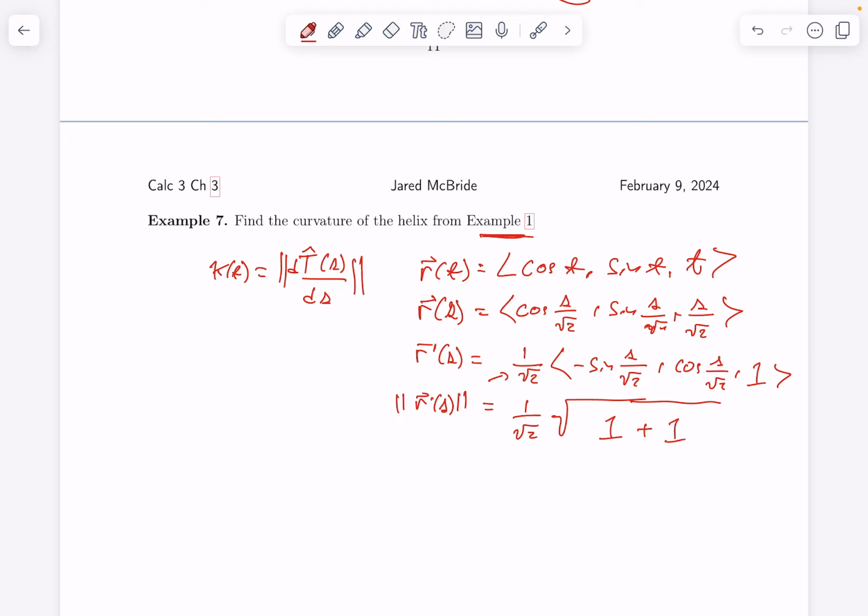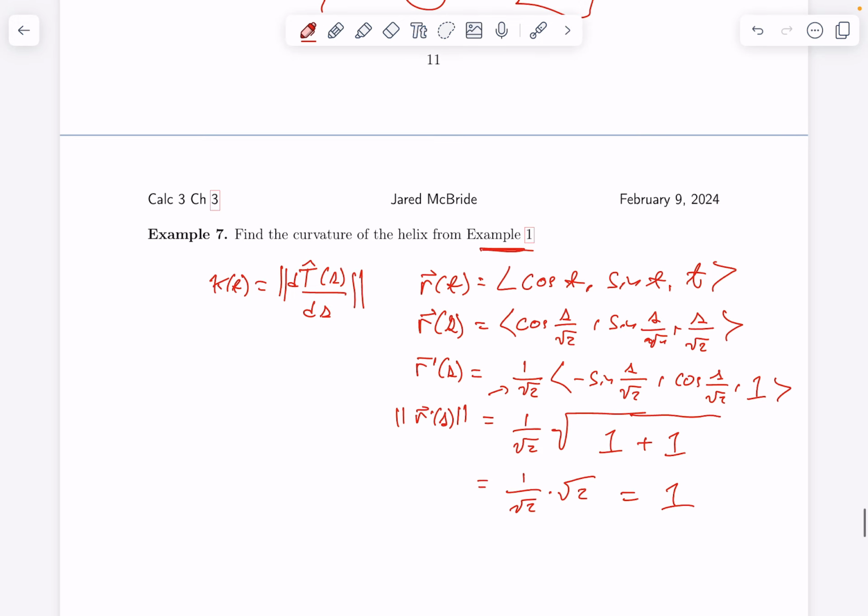So that gives me 1 over square root 2 times square root 2, and I end up just getting 1. So as it turns out, the magnitude of the derivative vector parameterized by arc length is 1.